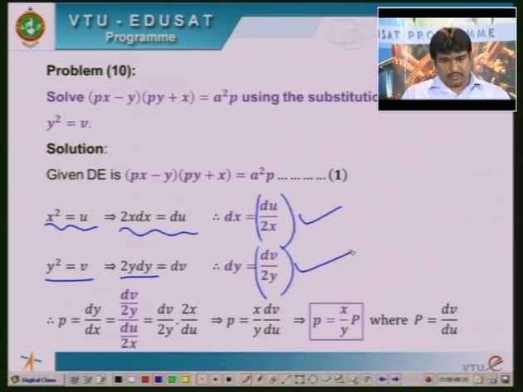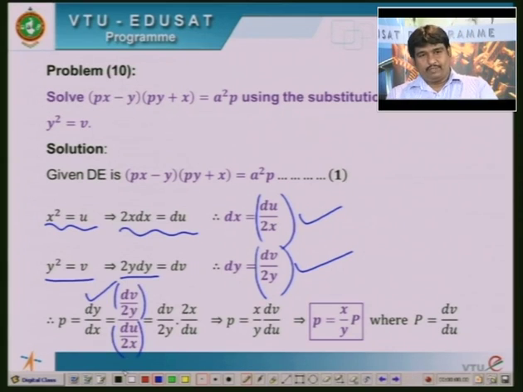Now, I will substitute this in small p, which, as you know, is dy by dx. In place of dy, you write dv by 2y, and in place of dx, you write du by 2x. This is a by b divided by c by d. It can be written as a by b into d by c.